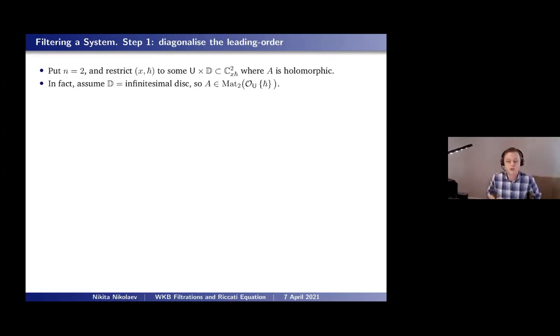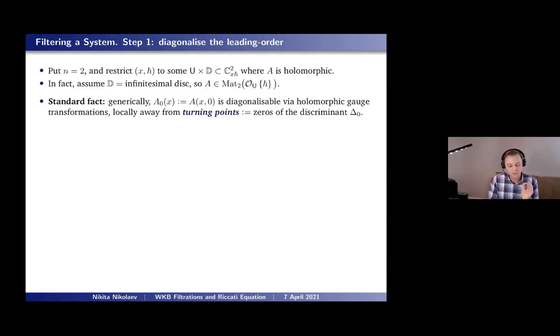Somehow everything I talk about in the X direction is function-like, and in the H bar direction, it's germ-like. Right, so to put it completely precisely, on this U cross D, A is a 2x2 matrix with coefficients which are convergent power series in H bar with locally holomorphic coefficients. That's the meaning of this notation.